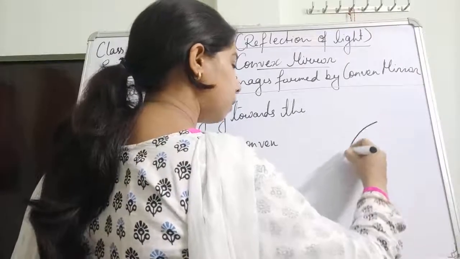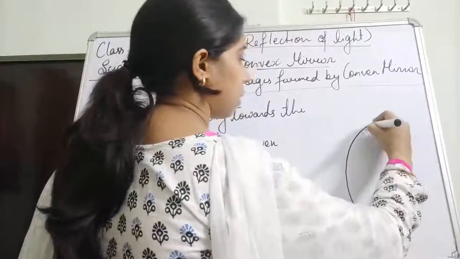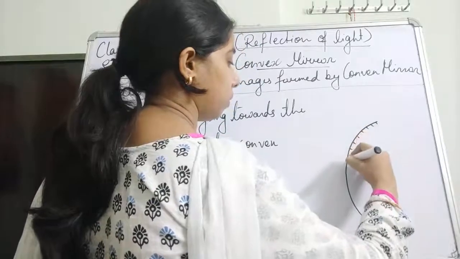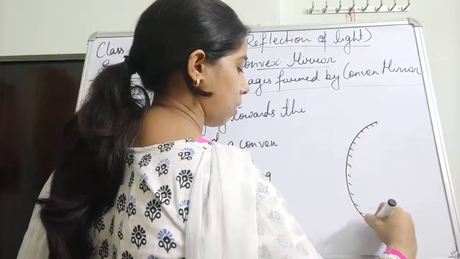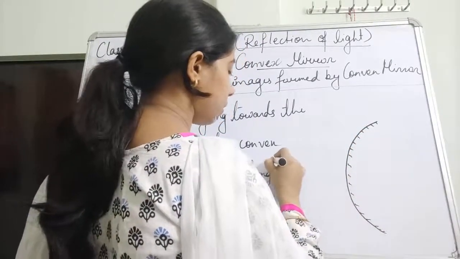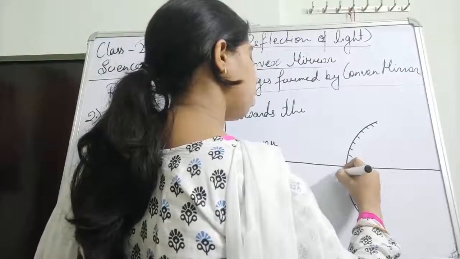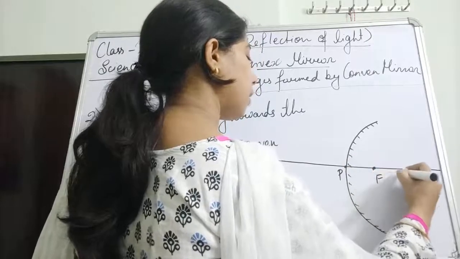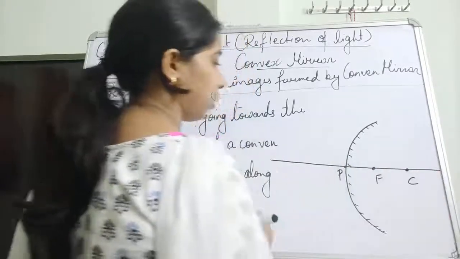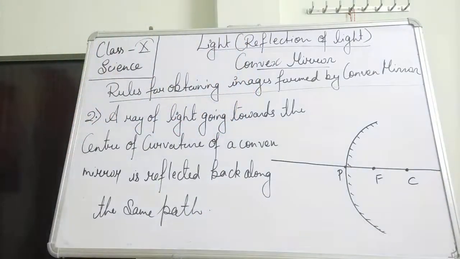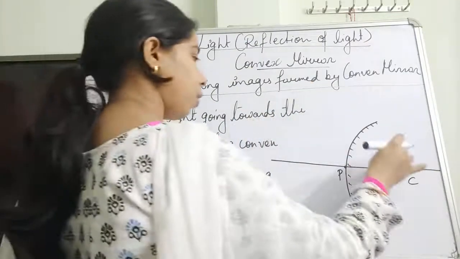So here, this is the convex mirror, this is the pole, this is the focus, and this is the center of curvature. What happens when a ray of light is there?